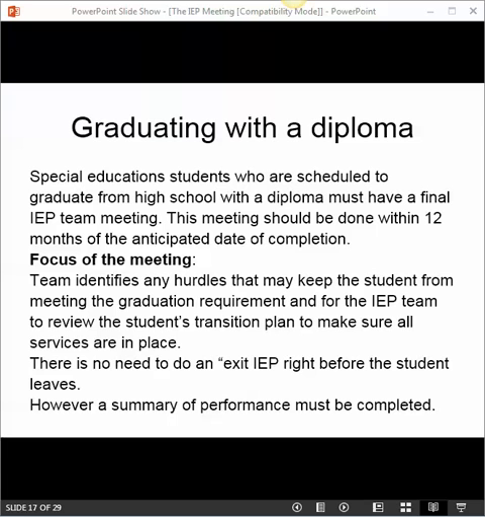Some people want to call it an exit IEP. You don't really do an exit IEP right before the student leaves. You do their transition plan like kind of in their 11th year to review everything and make sure everything's on track. And you have to do a summary of performance, which is part of the transition, to see how they're going to do moving out after school.